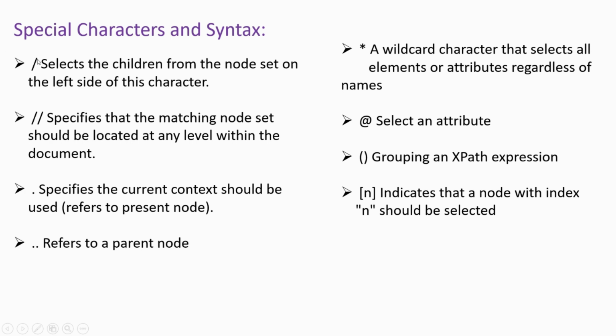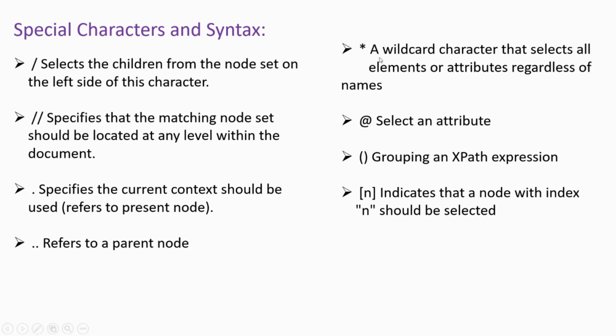So single slash selects the children from the node set on the left side of this character. So we'll see how we can do that with a single forward slash. Double forward slash specifies that the matching node set should be located at any level within the document. Then double dot refers to the parent, and single dot specifies the current context.